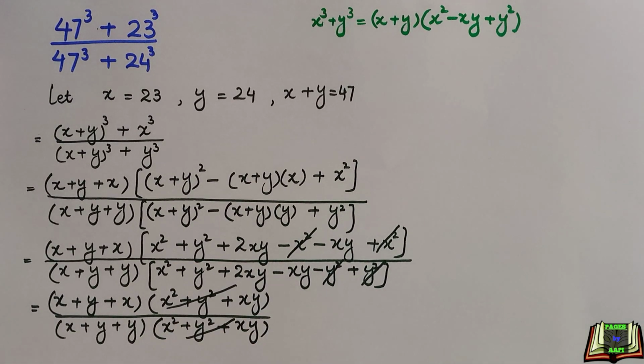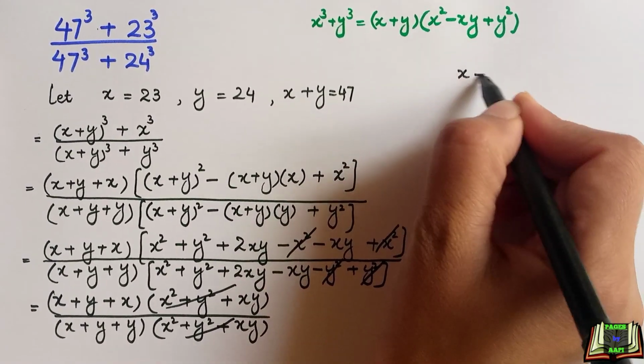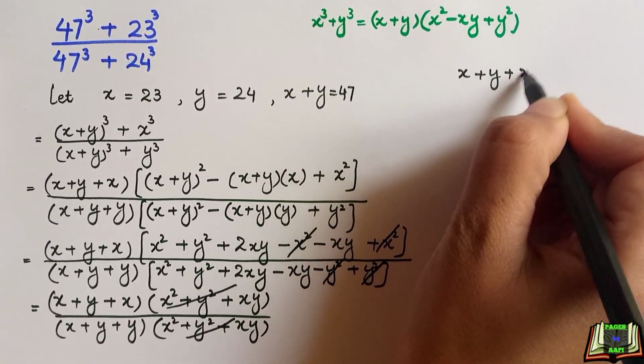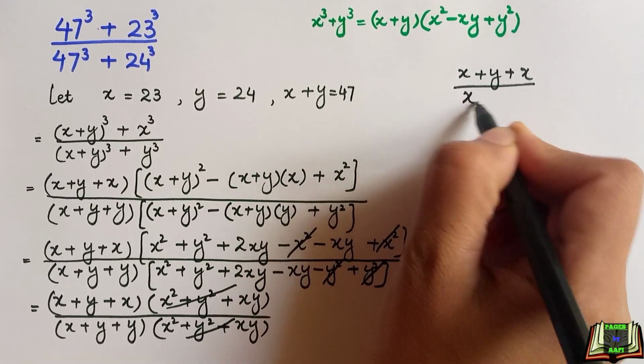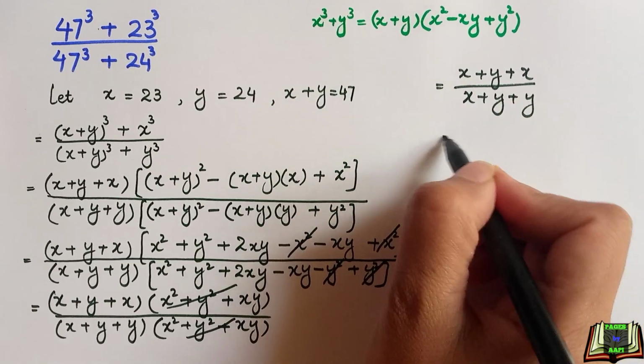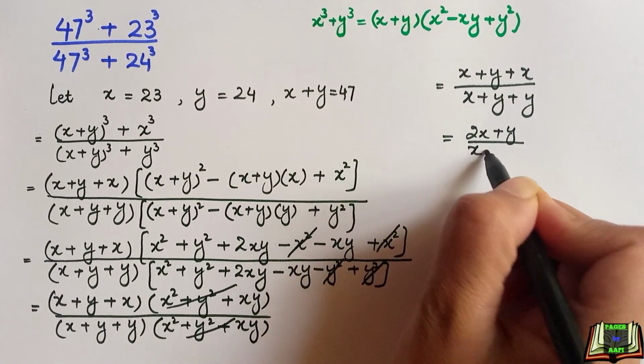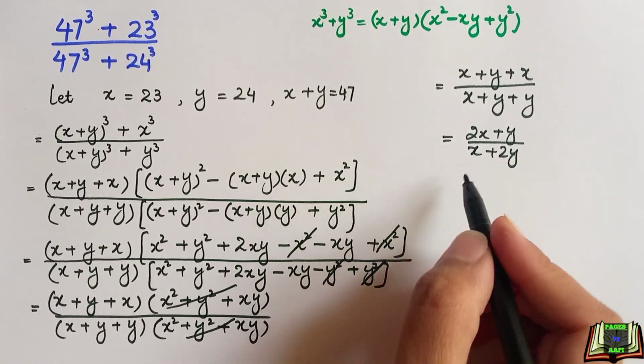Now this and this will be cancelled out. We are left with x plus y plus x over x plus y plus y. Let's add these x and x, 2x plus y over x as it is plus y, 2y.